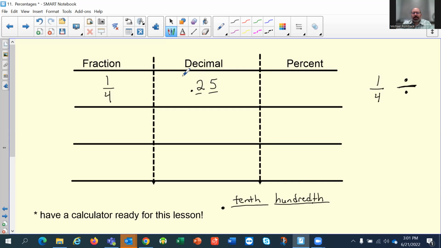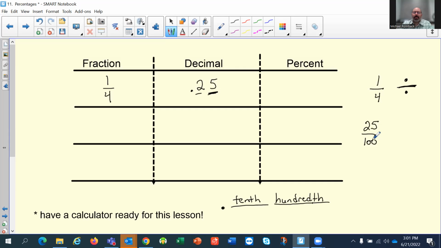So to go back from a decimal to a fraction to check to see if we have it right, all you have to do is read the decimal. So 25 is 25, you say the number, and then you say the last place that has a number. So it's 25 hundredths.